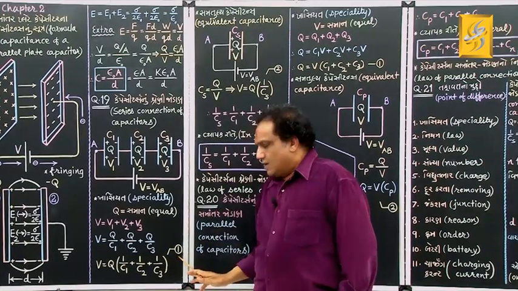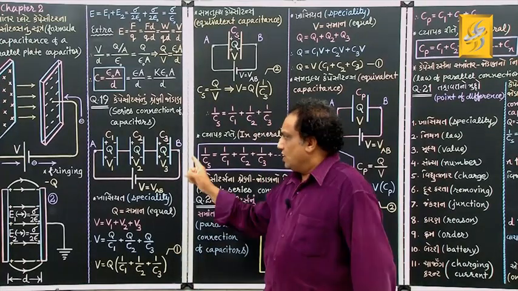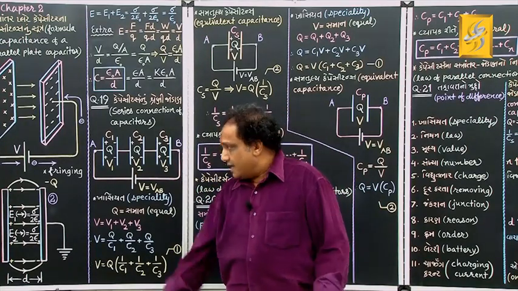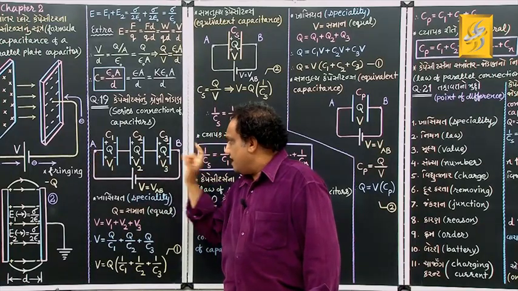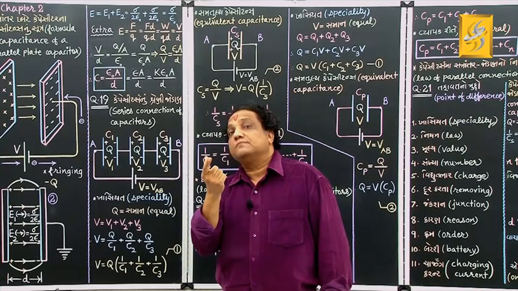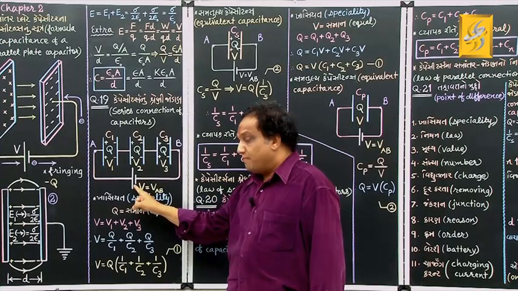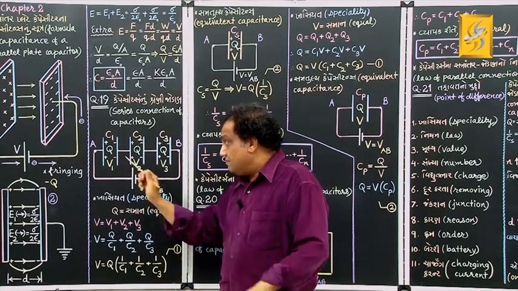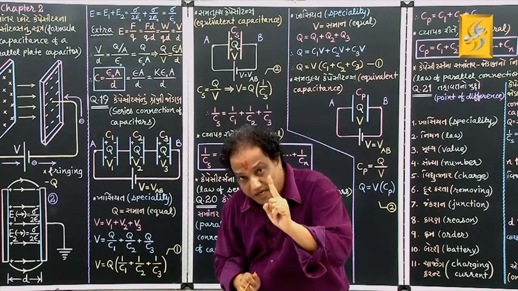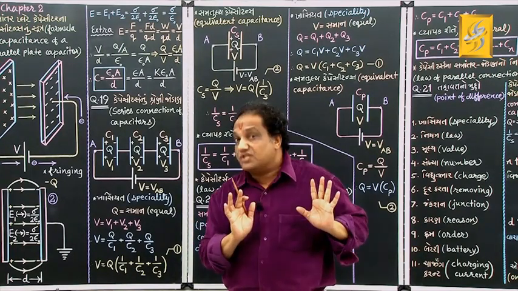Look. Now just do one thing. Remove this entire series connection. And between these 2 endpoints A and B, place only one capacitor, but of such a capacitance that when we connect the same battery, we get the same charge. If we get the same charge on that single capacitor, then both circuits are equivalent to each other.